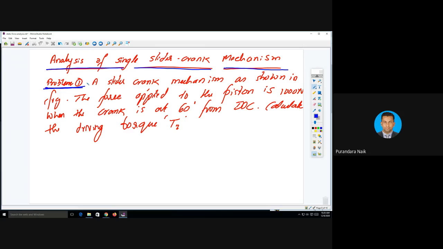In this module, we are going to solve some problems on these two mechanisms. Please copy this figure.